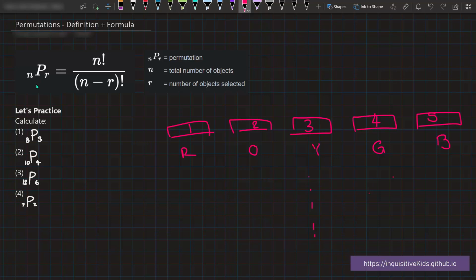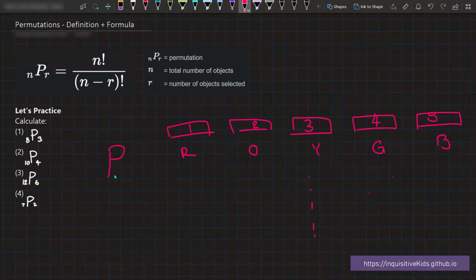So as you can see, we write a permutation in the form of N, P, R. We always include a capitalized P in the middle. And now there are 2 variables that you can insert a number into according to the problem you are solving. N is the total number of objects that we are taking out of.